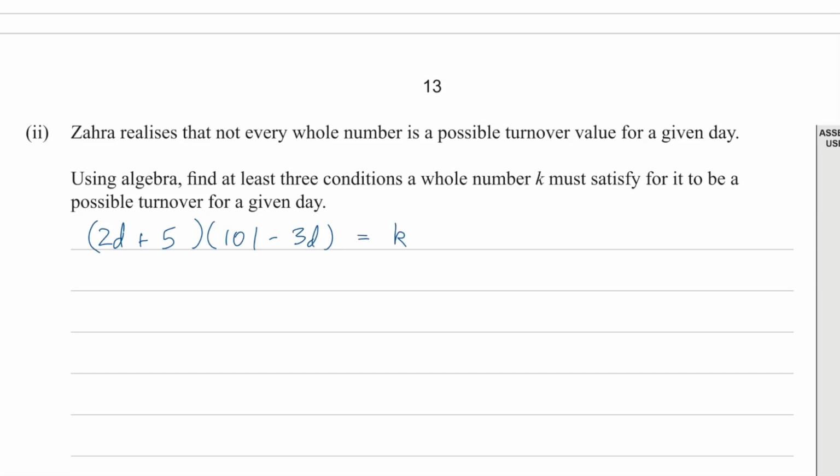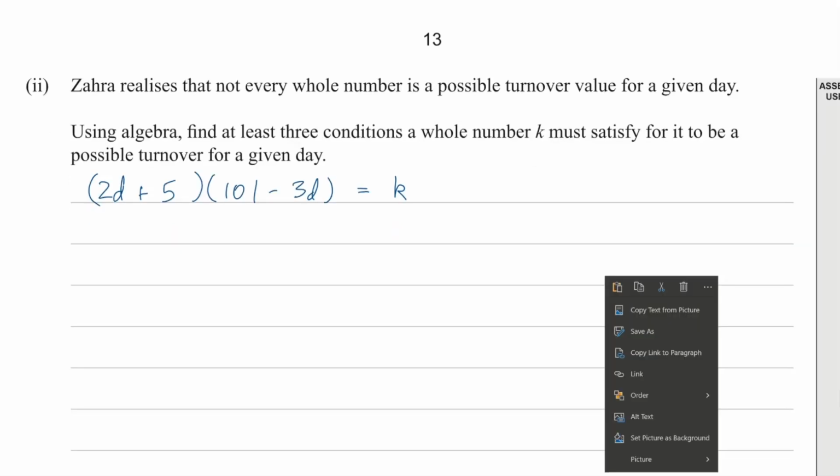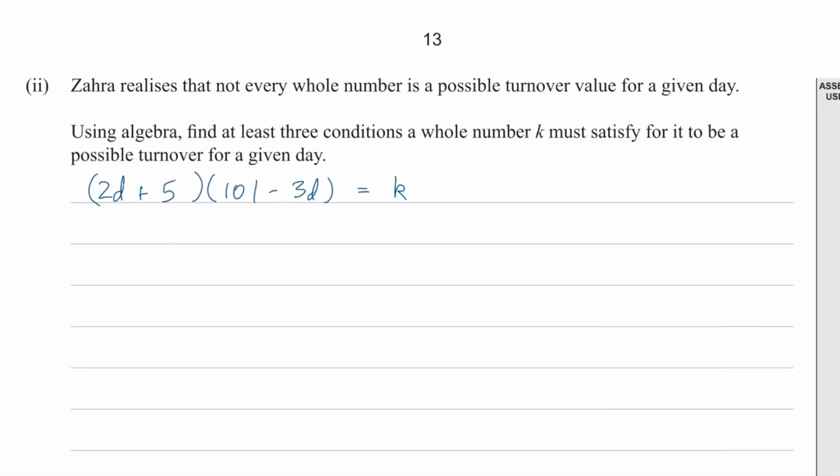In this case, we want it to be a whole number, k. Just like before, we can expand and simplify: 202d minus 6d squared plus 505 minus 15d, and I'm going to bring the k over, so minus k equals 0. Rewrite it in standard form.